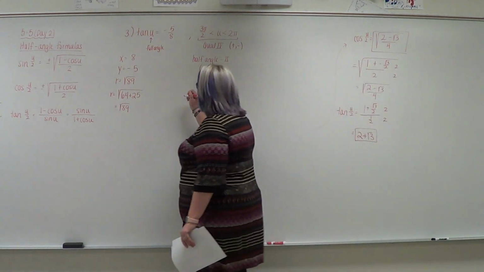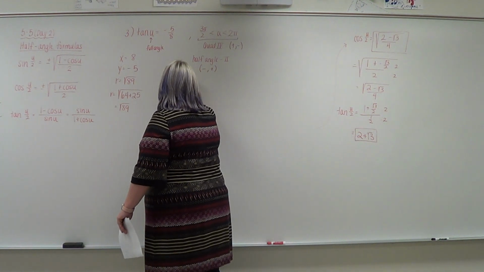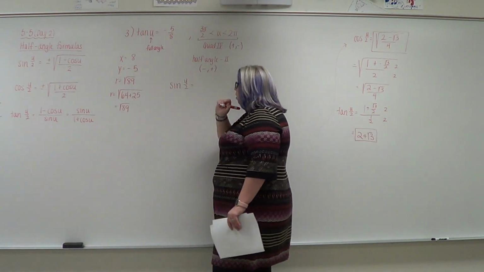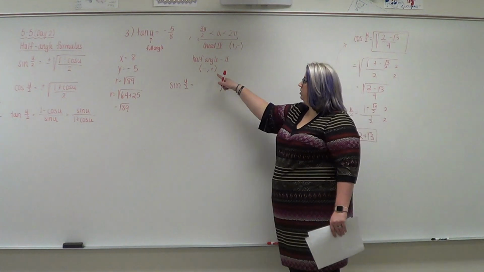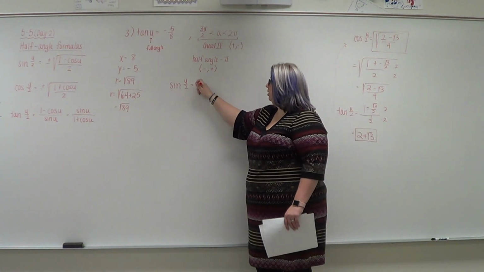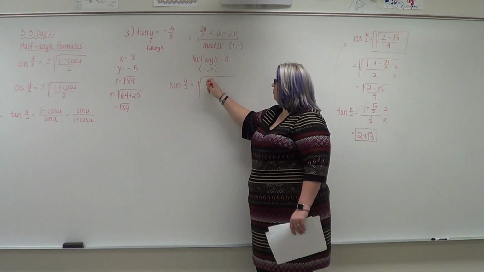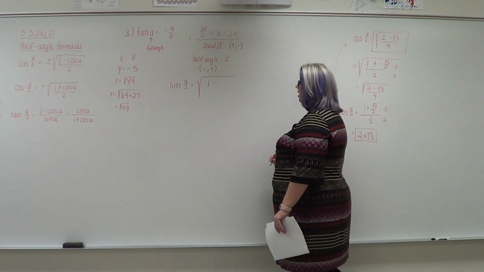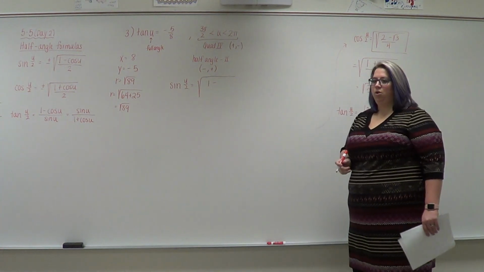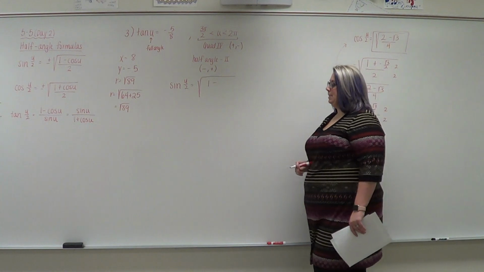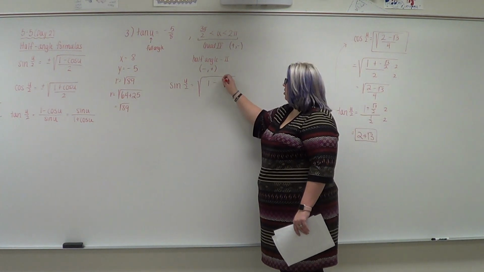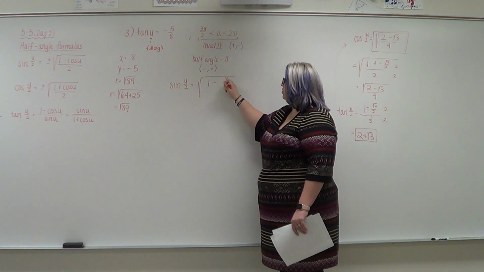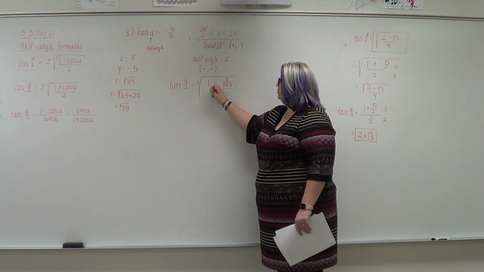Okay, so find sine. What do you do? Half angle, sine's positive, so this would be the square root of 1 minus cosine, divided by 2. Okay, so what's my cosine? What letters go with cosine? X over r.